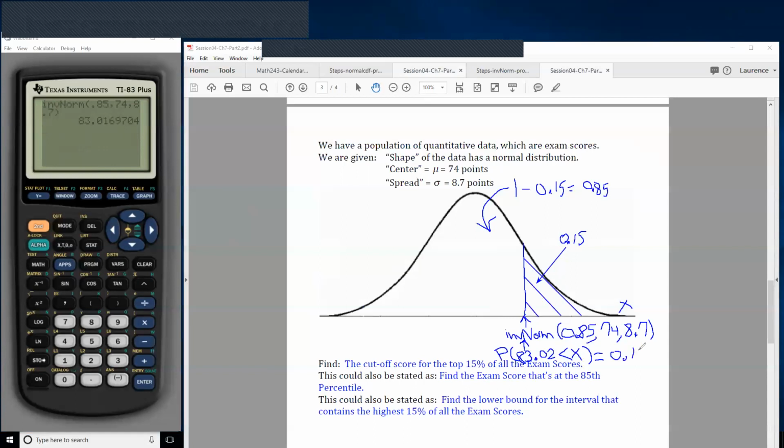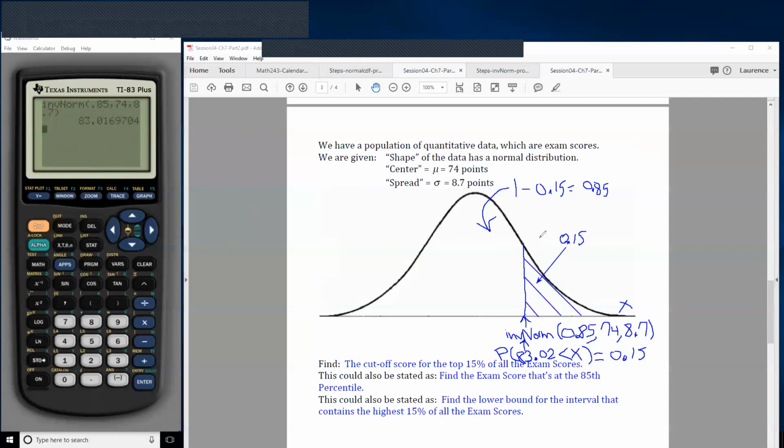So we got to use that area. And then you say to yourself, well, look, they gave me this area to the right. I use inverse norm and my sketch to figure out this was the interval to go with it. Now, I knew the upper bound was positive infinity. I just had to find the lower bound. And I found it was 83.02.